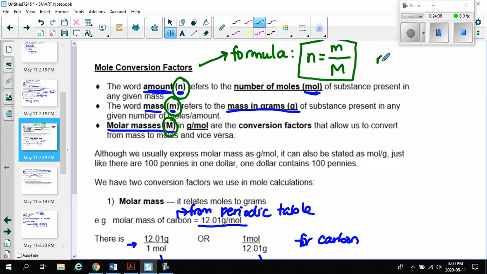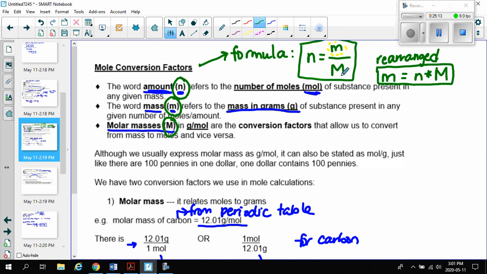If you rearranged it, if we needed to calculate the mass of a substance, if you wanted to isolate this variable, I know I need to multiply both sides by uppercase M. So mass is equal to number of moles multiplied by molar mass. So this is another formula that you might see or you might use.